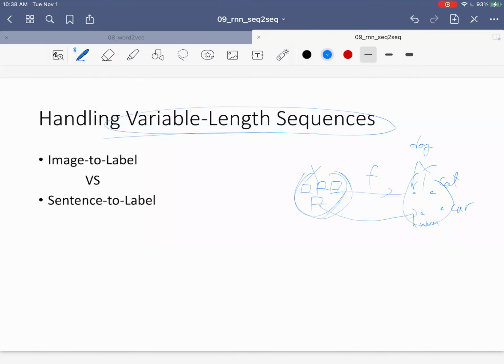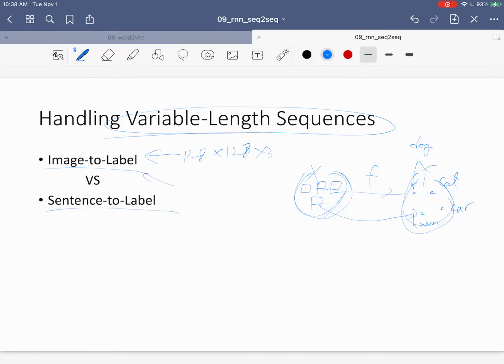We want to classify or map an element in this X set to an element in this Y set. There's a fundamental difference between image to label and sequence to label, because in image to label we usually have a fixed size input. With images, we usually deal with 128 by 128 RGB, so that would be 128 by 128 by 3.